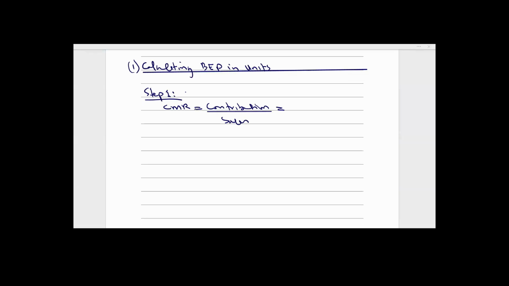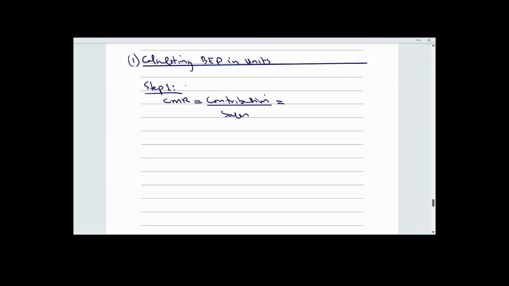So contribution is 50% of 18 million. Let's restrict our numbers to thousands because of time: 9,000 divided by 18,000.